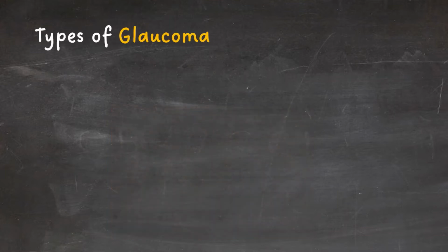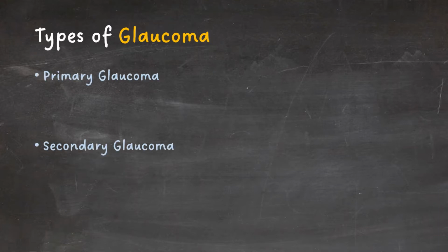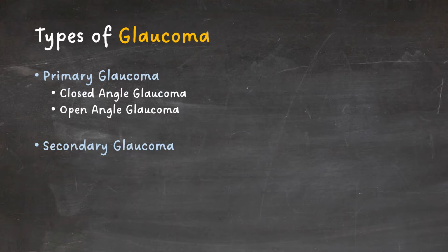So, glaucoma can be categorized overall in one of two ways. This is primary or secondary. In most cases, when we talk about glaucoma, we're talking about primary glaucoma, which includes closed angle, open angle, and congenital glaucoma.